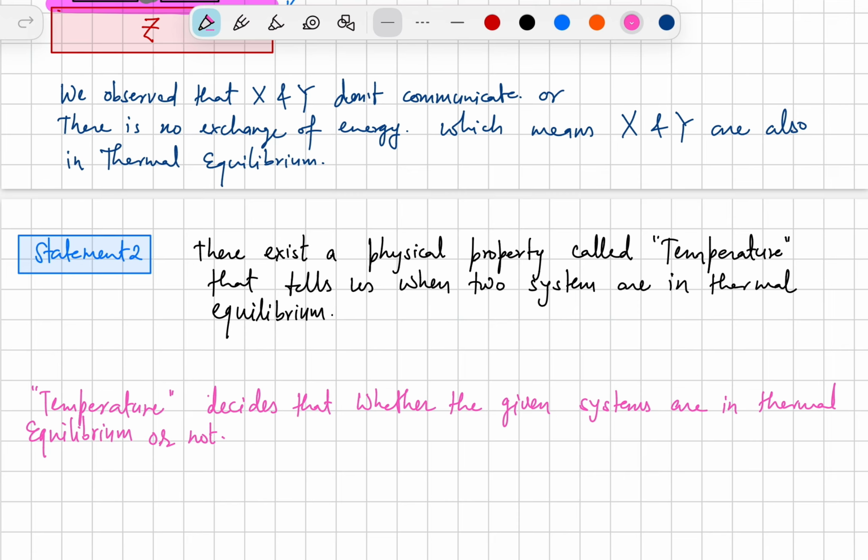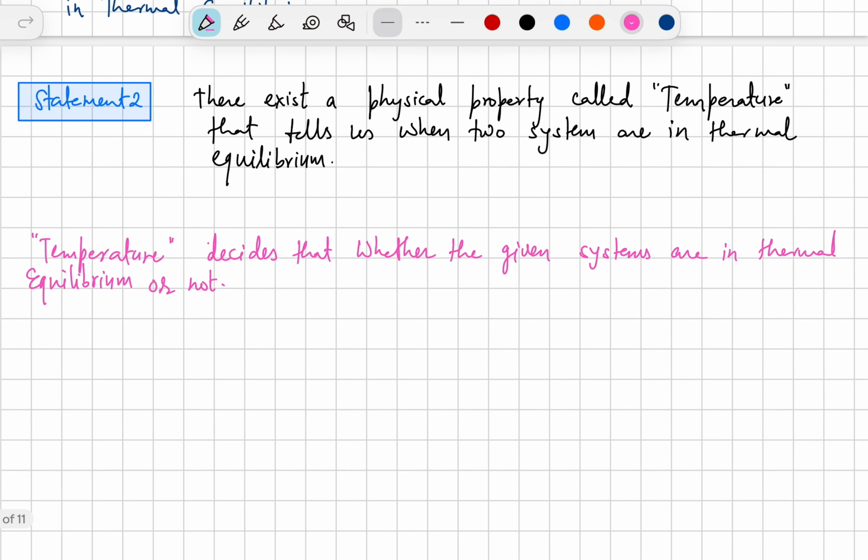Fine. So this is all about the zeroth law and equilibrium, heat, energy and work, or the mathematical statement.